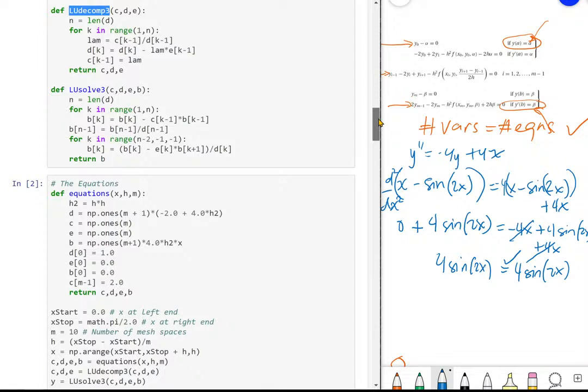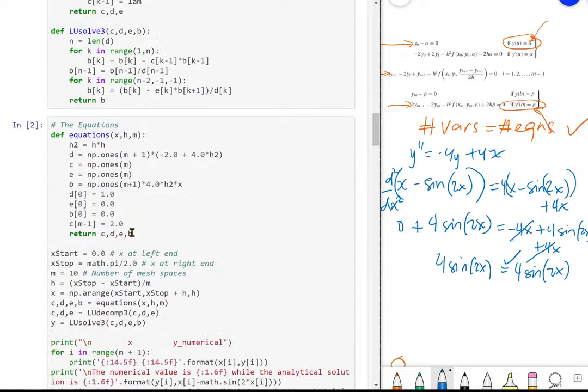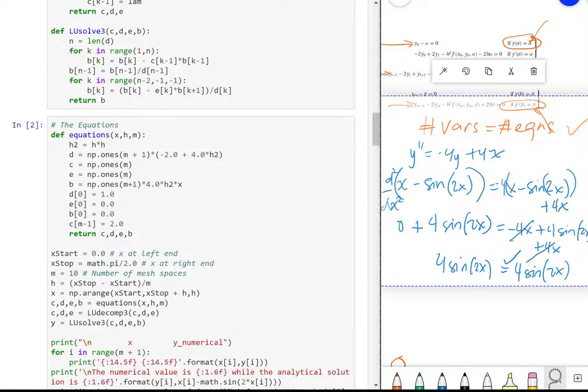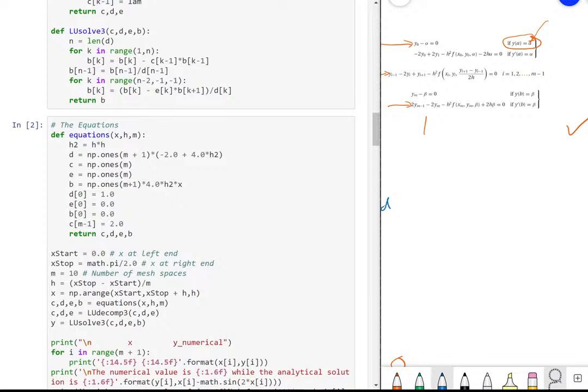Then we have the equations. You see that our equation is expressed in DCEB. Actually, we can remove this one here and replace that one.